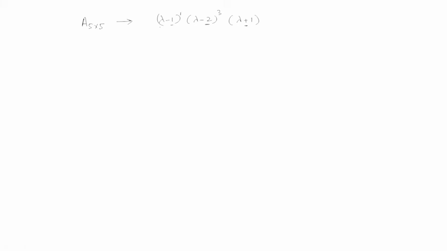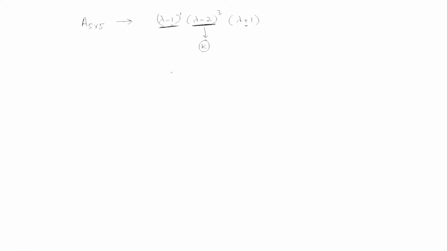Now, corresponding to lambda equal to 2, suppose the number of linearly independent eigenvectors is k. Of course, k will be less than or equal to 3. So, this k is called the geometric multiplicity for lambda equal to 2.